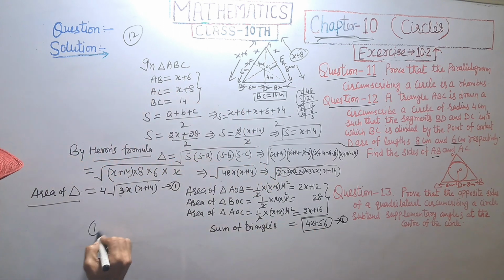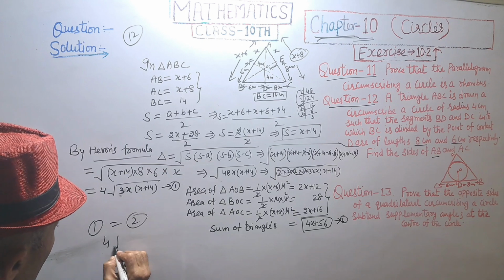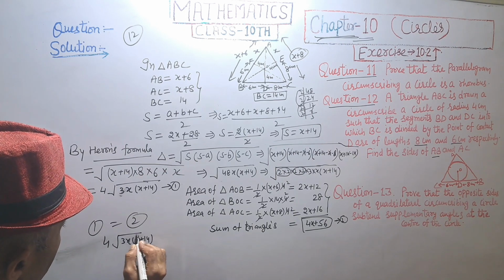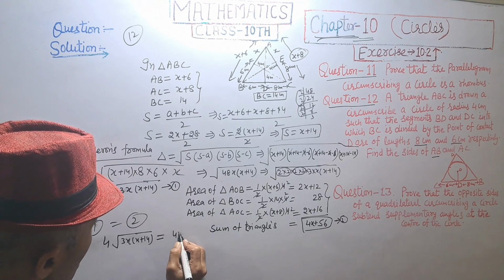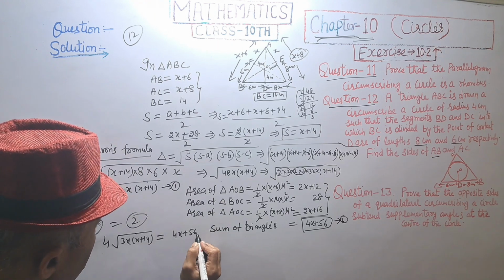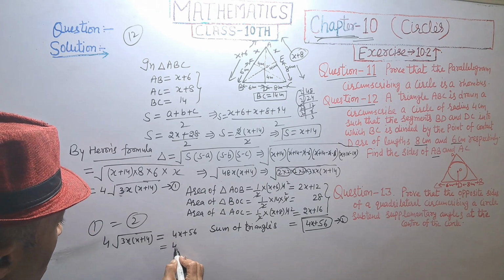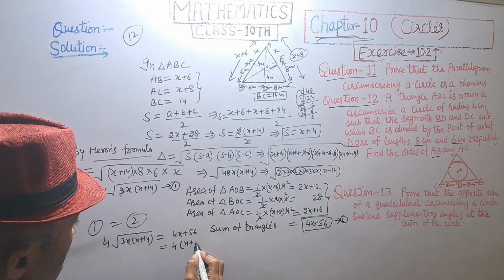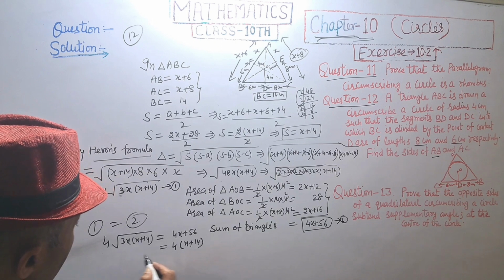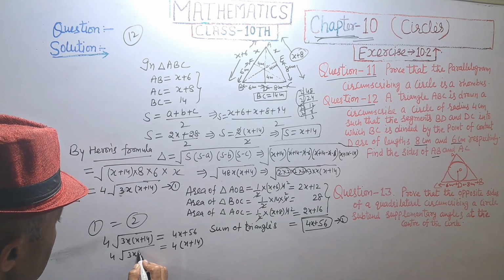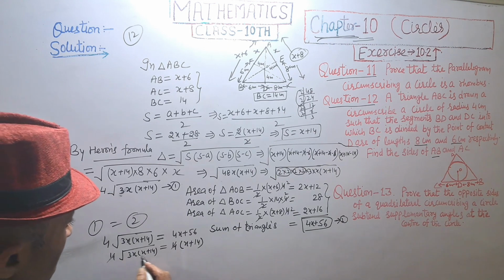First equal to second, we get 4 root 3x into x plus 14 is equal to 4x plus 56. We take 4 common, 4 into x plus 14 in bracket, and 4 into root 3x into x plus 14 in bracket. 4 is cancelled.